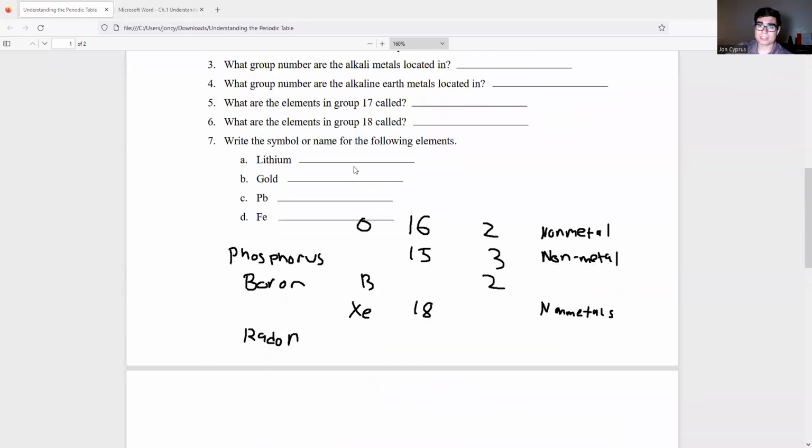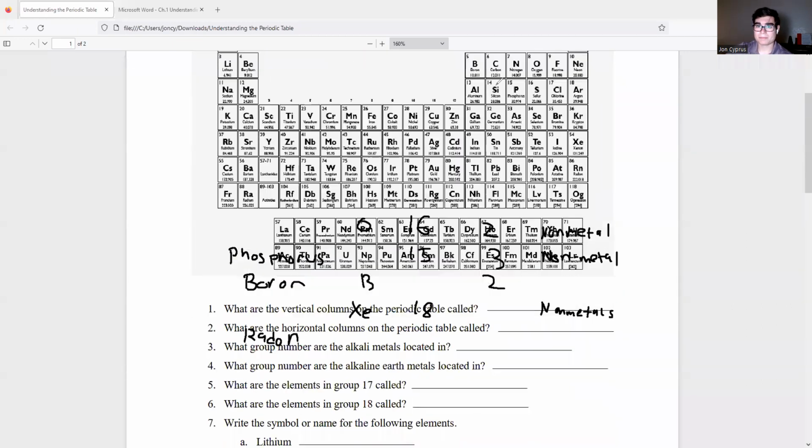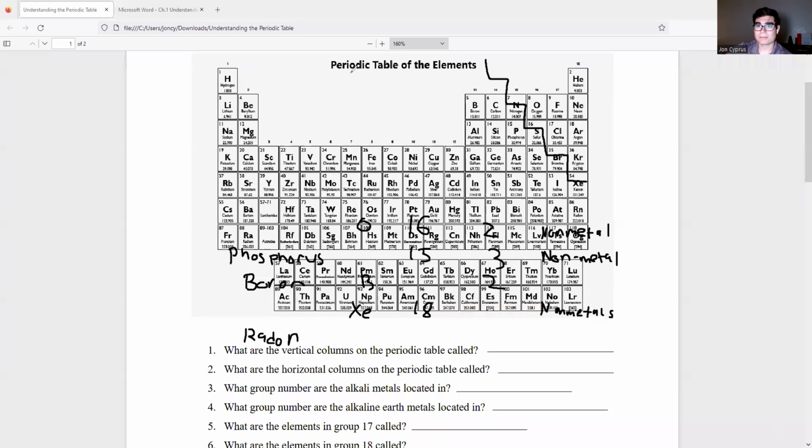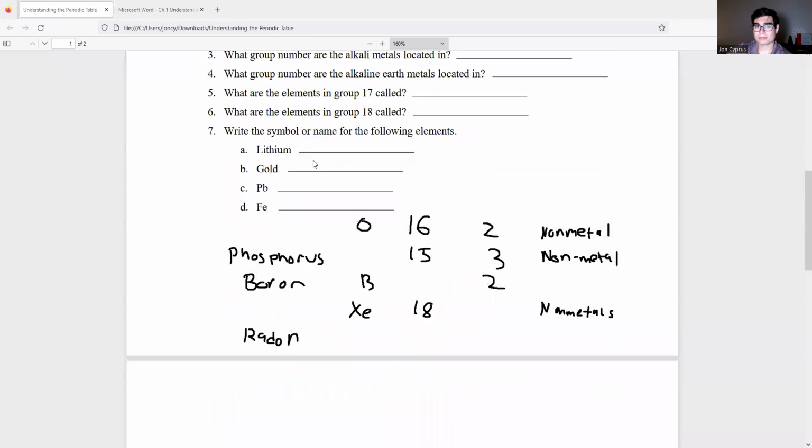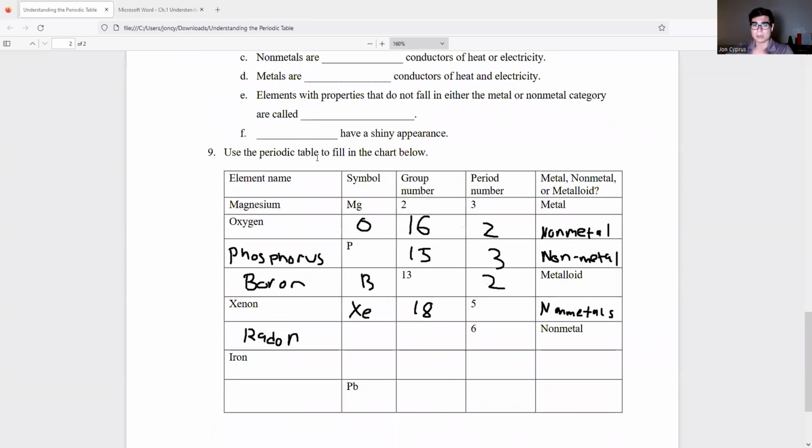So I should actually extend my staircase a little bit to be like that, and that includes our noble gases for the non-metals, and it goes up to helium. All right, the symbol for radon is going to be Rn, looking at the periodic table, and the group number is 18.